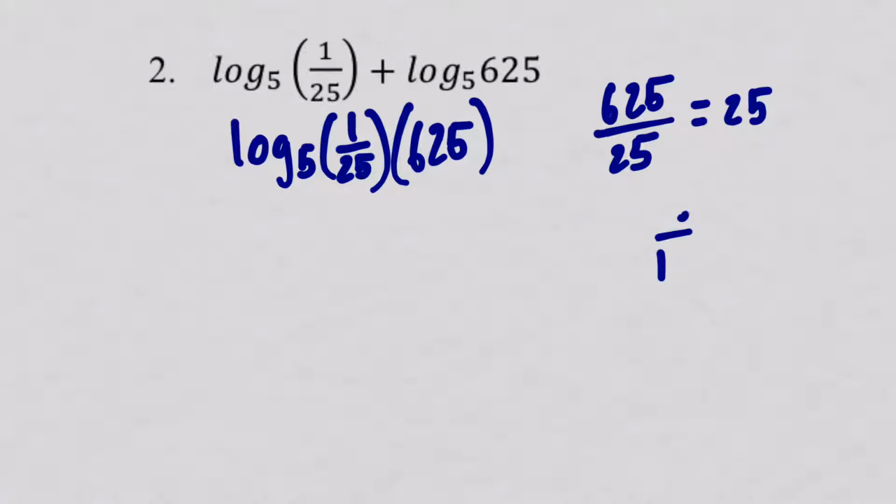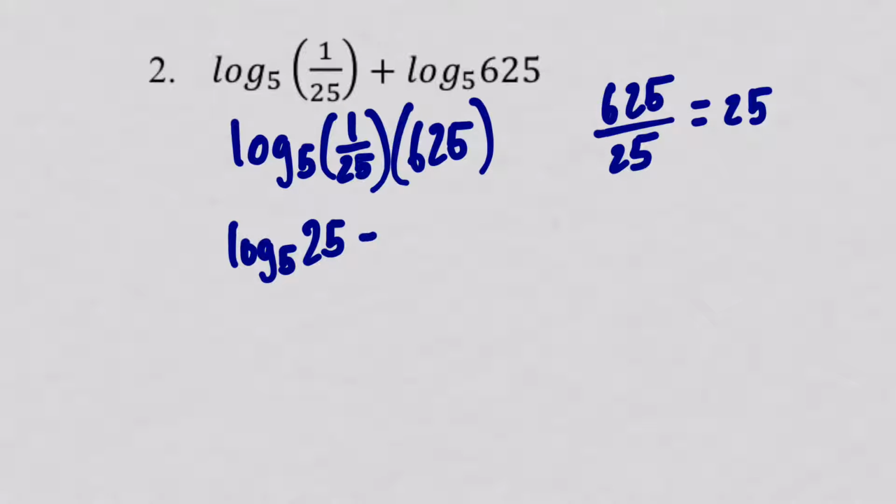Okay, so that means that what I have over here on this side is basically just 25. So what I have is log base 5 of 25. And I'm going to simplify that. You might be able to do that in your head if you got used already to switching back and forth between logarithmic form and exponential form. But if not, watch what I'm going to do. I'm going to set it equal to some variable of my choosing.